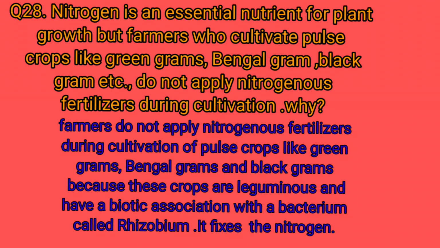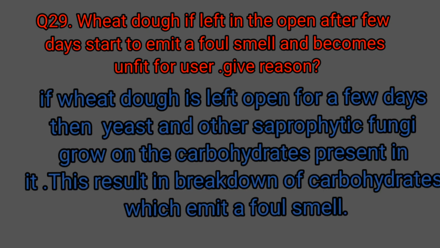The answer is, farmers do not apply nitrogenous fertilizers during cultivation of pulse crops like green grams, Bengal grams and black grams because these crops are leguminous and have a symbiotic association with bacteria called rhizobium. It fixes the nitrogen.